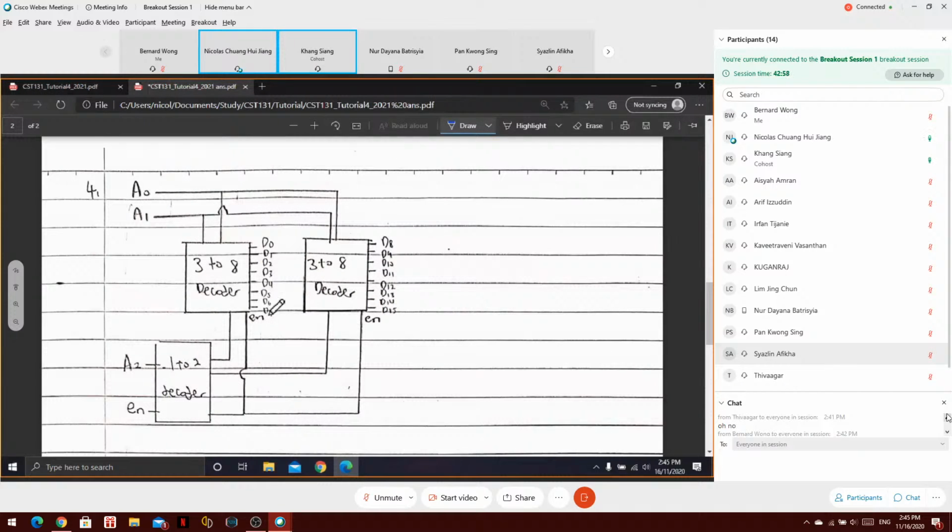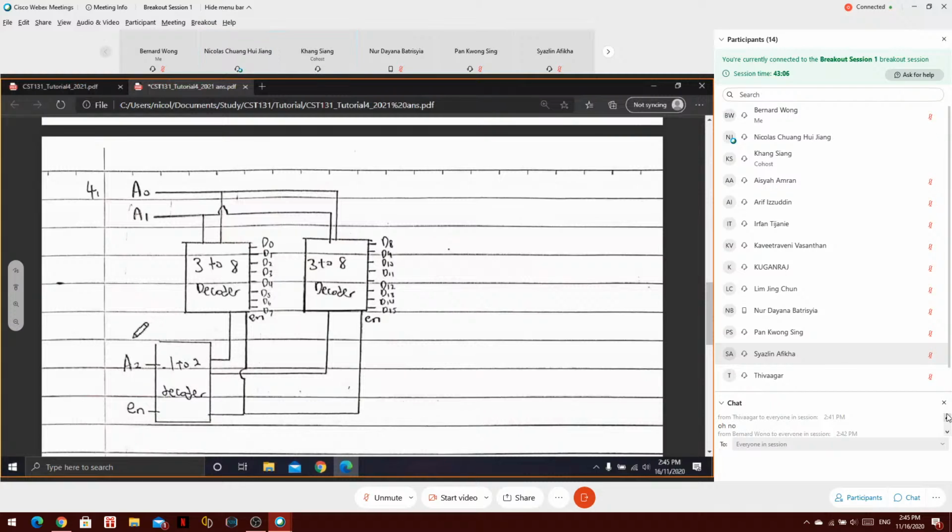So the answer is something like this. A1, A0, 3 to 8. Where's your enable? Enable here. Oh, okay, wait. Your enable?